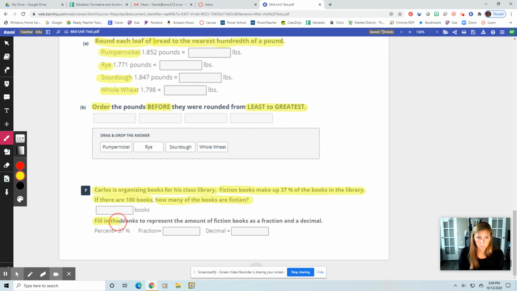Then you're going to fill in the blanks to represent the amount of fiction books as a fraction and as a decimal. So the percent's already here, 37%. What's the fraction? That also equals 37%. And then what's the decimal that also equals 37%? You can type those in.